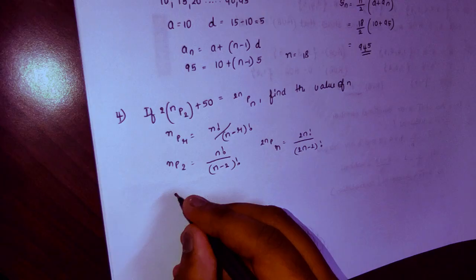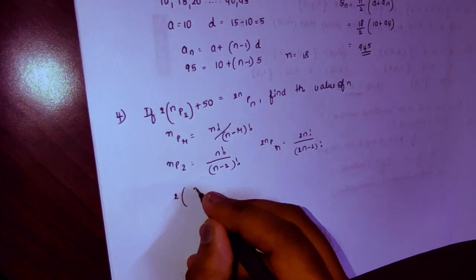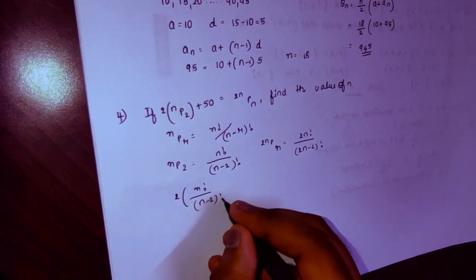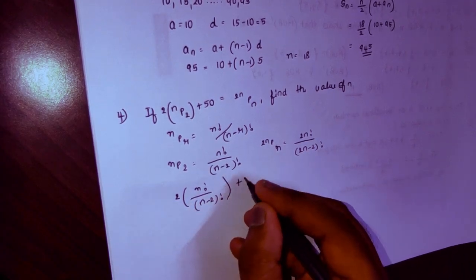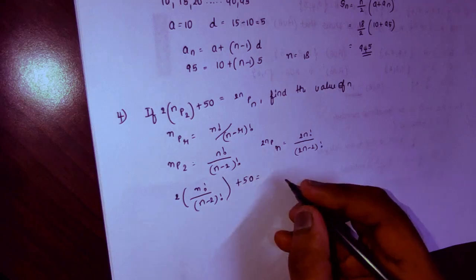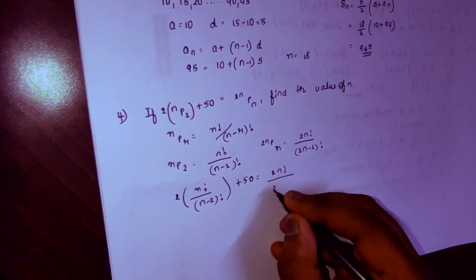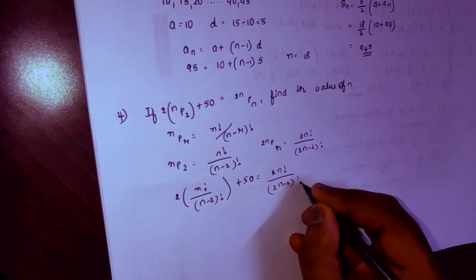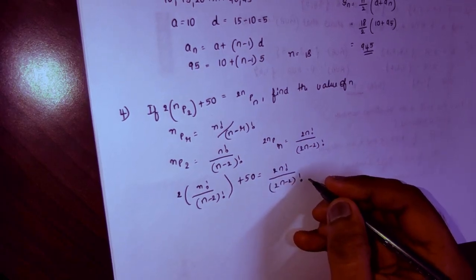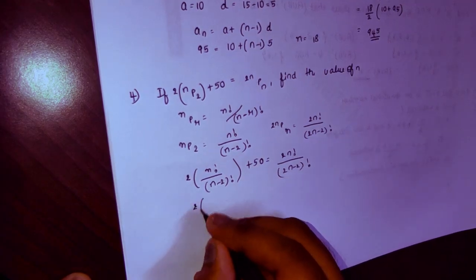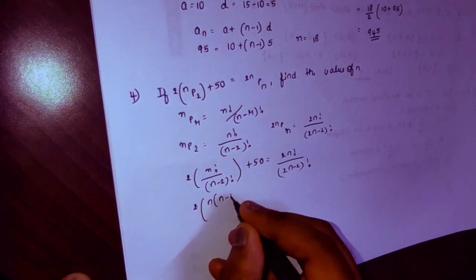that is 2 into n factorial divided by n minus 2 whole factorial plus 50 is equal to 2n factorial by 2n minus 2 whole factorial. Now to cancel the terms, we will continue with this. 2 into n minus 1.